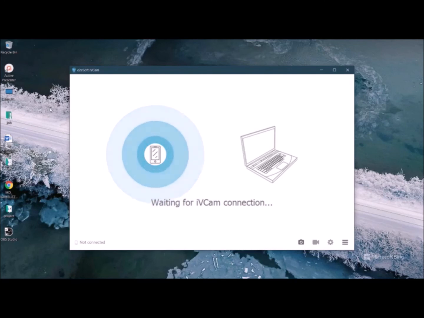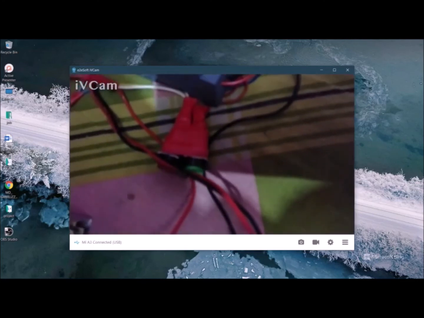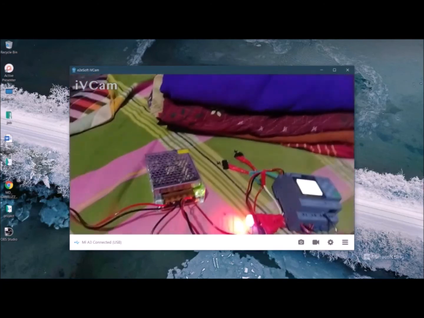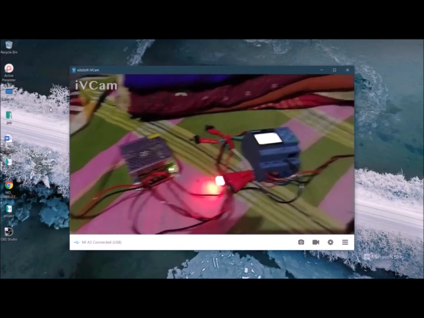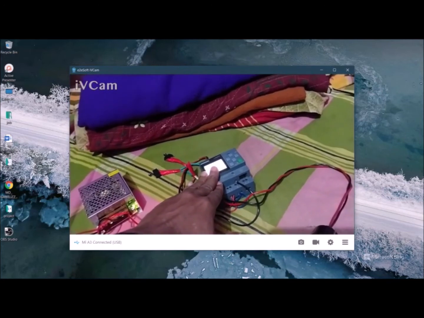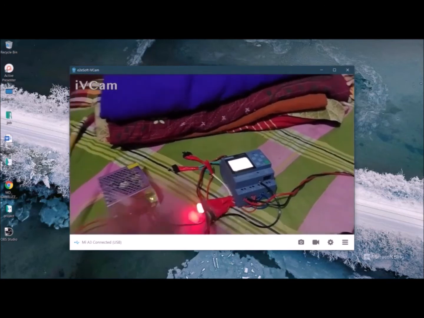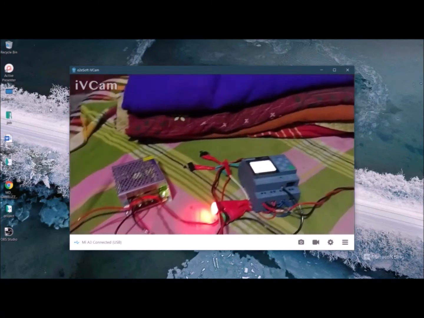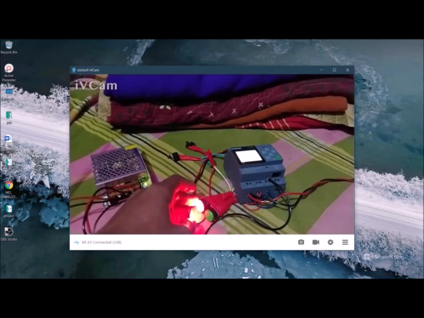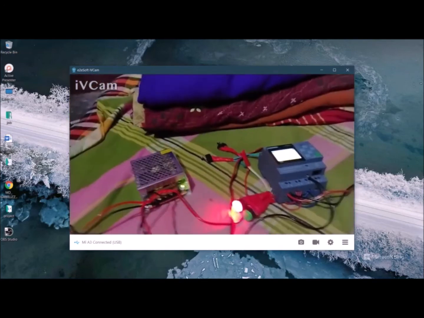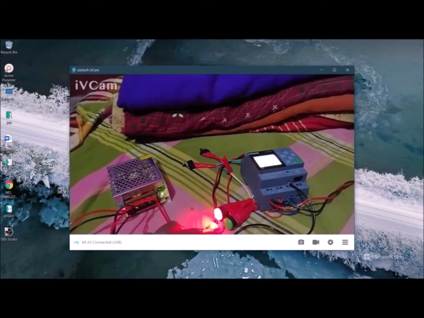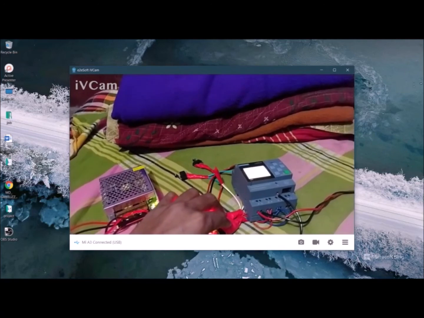Here I bought a PLC for the project, and this is the power supply, this is my power, and this is the control board, and the stop switch is already lighting.